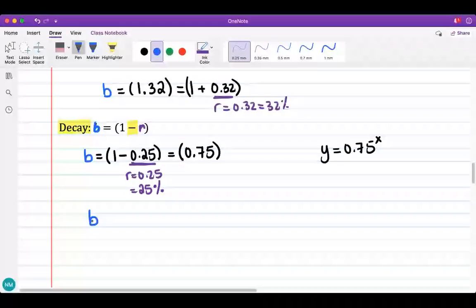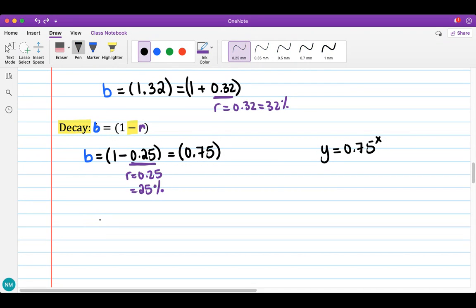So let's say I had something like this. Y equals, actually, let's just stick with B. So B is equal to 0.9. Now, the question is, 0.9 is 1 minus what? So you could think about it as money every single time, right?